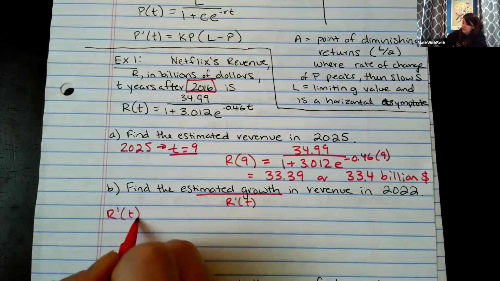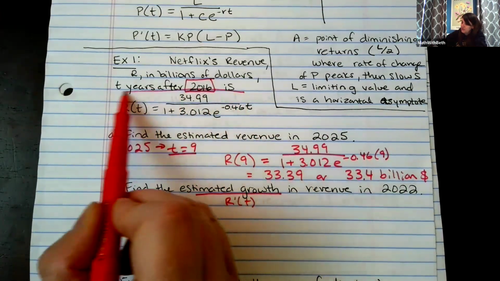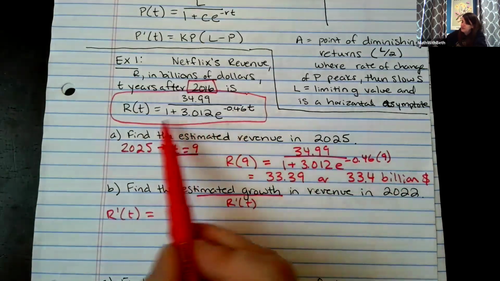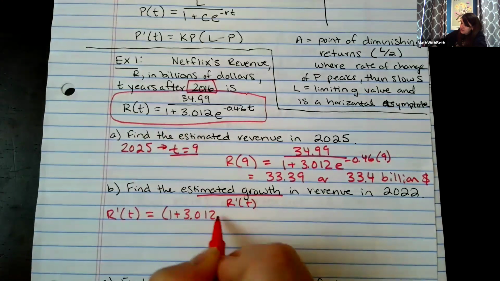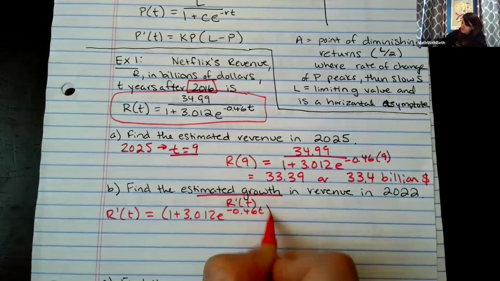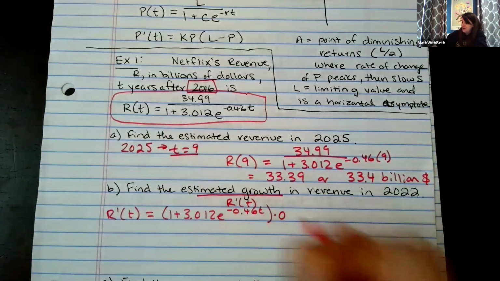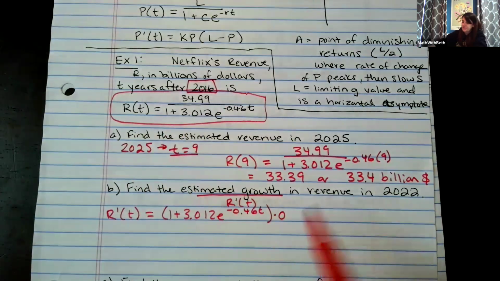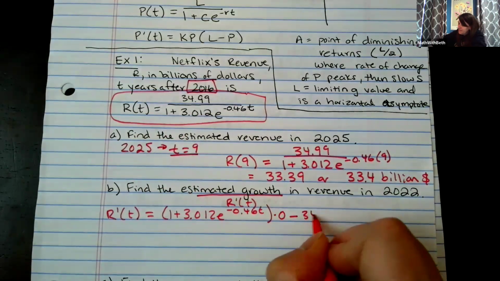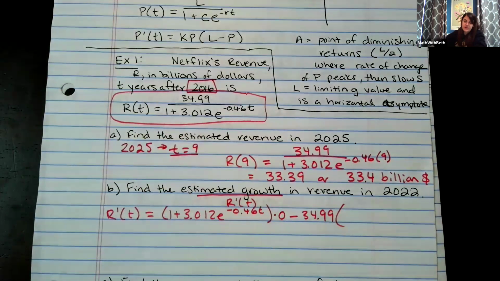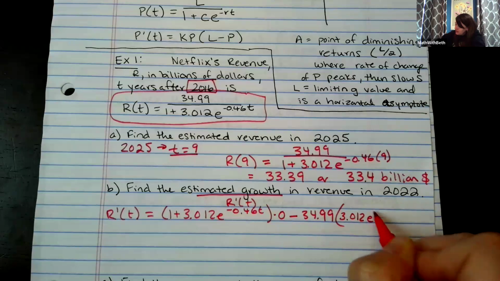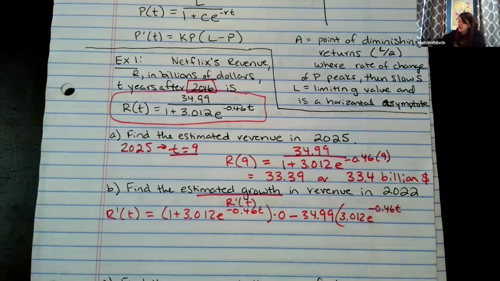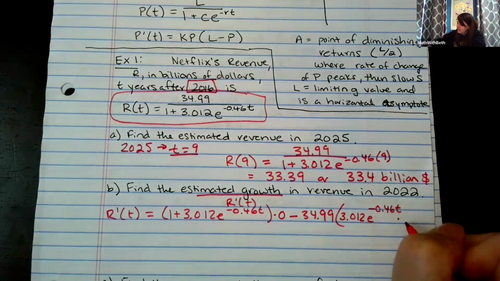So the derivative of this equation up here, so I'm going to go back to R of t, not when I plugged in numbers. The derivative of that would be the bottom of the fraction times the derivative of the top, which luckily is 0, so that's going to make things nicer, minus the top times the derivative of the bottom, which is just going to be 0 here, plus, and remember our derivative of anything with an e is that it all stays the same, but then you multiply by the derivative of the exponent.